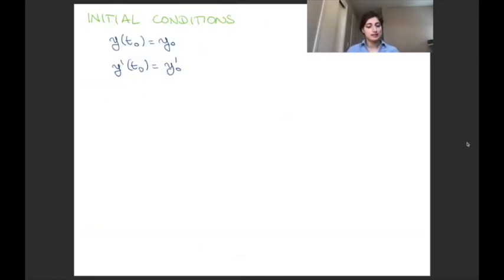When we're looking at second order ODEs, we also need initial conditions. In first order ODEs, we needed only one initial condition. Well, second order ODEs require two initial conditions. What you want to think about is, ideally, how many times do you need to integrate your derivatives in order to retrieve the solution?